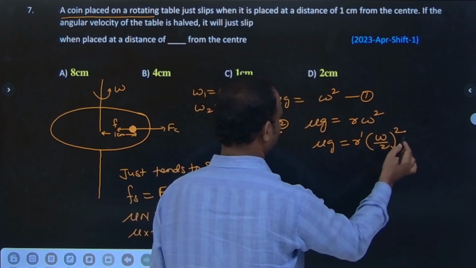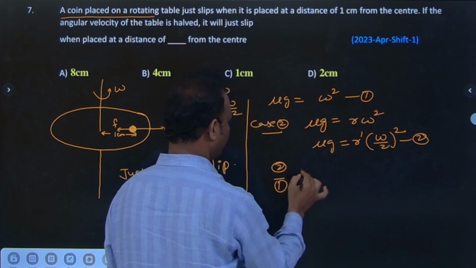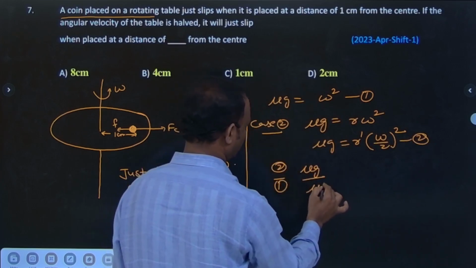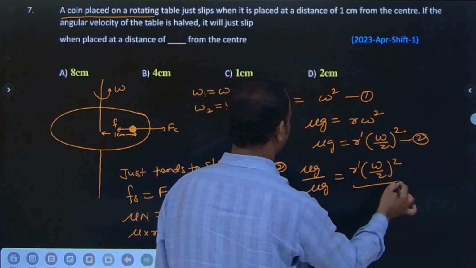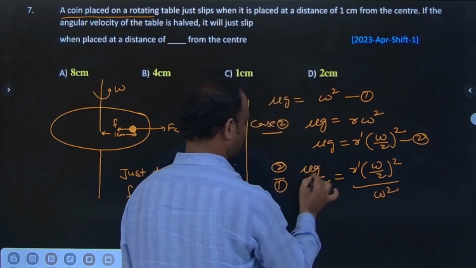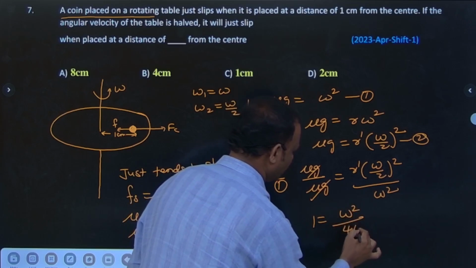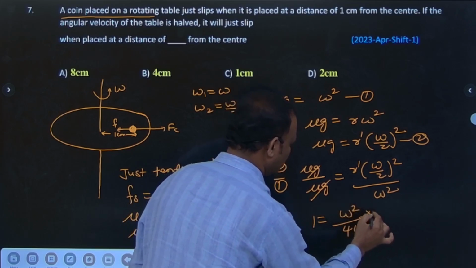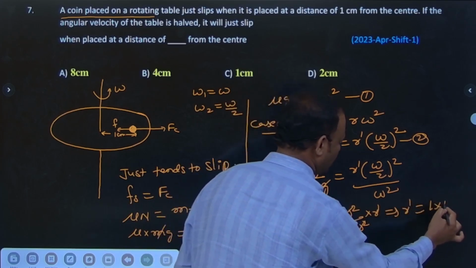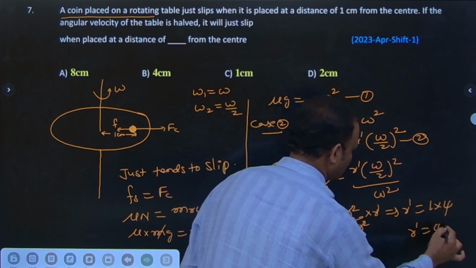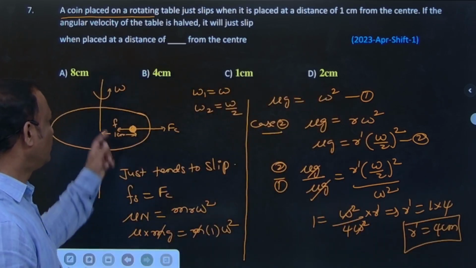Solving these two equations, 2 by 1: mu g by mu g is equal to r dash omega by 2 whole square by omega square. These cancel, so 1 is equal to r dash omega square by 4 omega square. So r dash is equal to 1 into 4, that is 4 centimeter. This is the new distance.